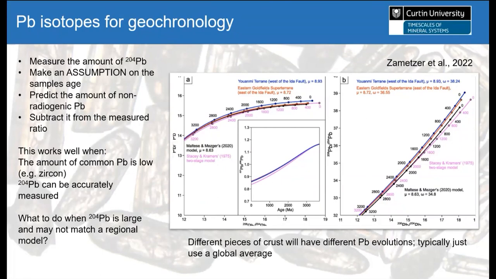So we need to carry out a subtraction. We need to measure 202 mercury and do a subtraction to take away 204 mercury to get an accurate 204 lead measurement ratio. And that all brings uncertainty, and it makes it quite a challenging approach when we are doing laser work. So how do we get around that?